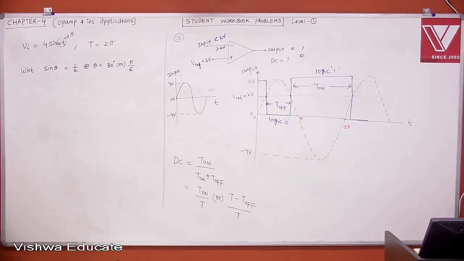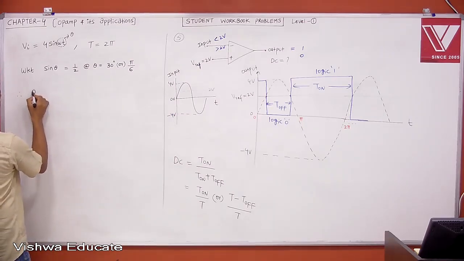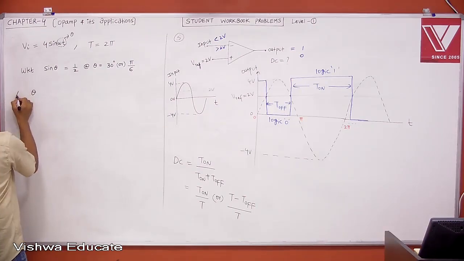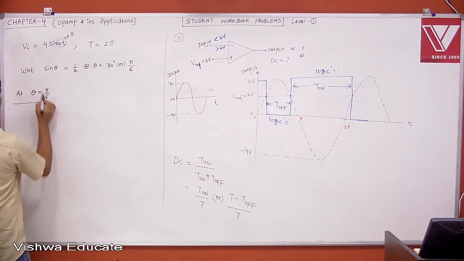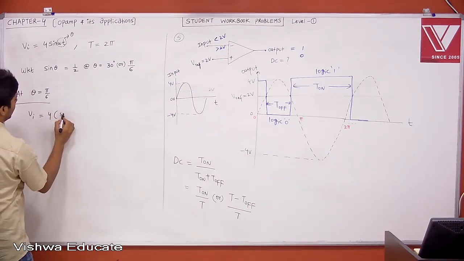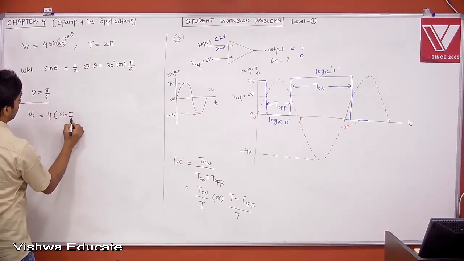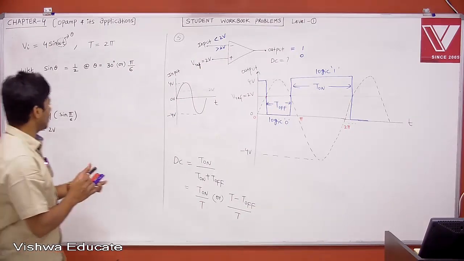Therefore, at theta equal to pi by 6, your Vi is equal to 4 into sine pi by 6, which is 2 volt.